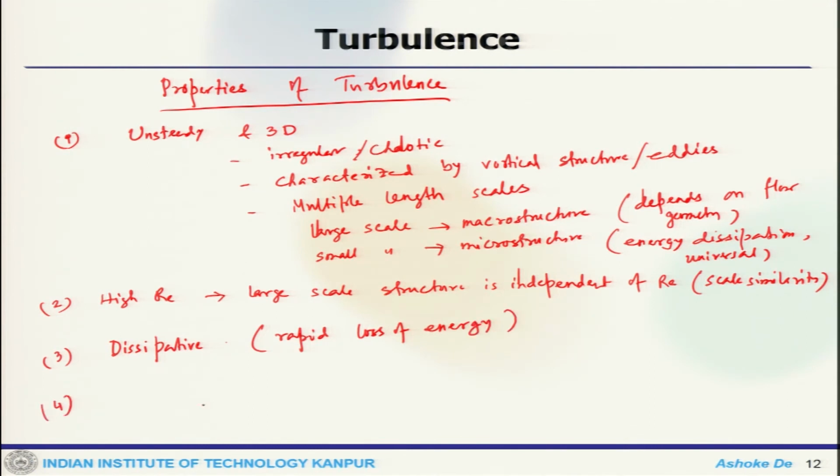And fourth, it is quite effective in mixing, that is mass, momentum, heat, etc. So, this is one of the very interesting points why it is effective. That is why in our reacting system or practical reacting system, one way to look at it, we want turbulence to be present there.